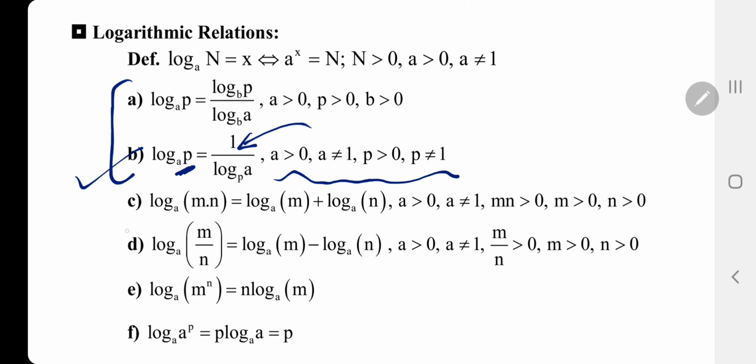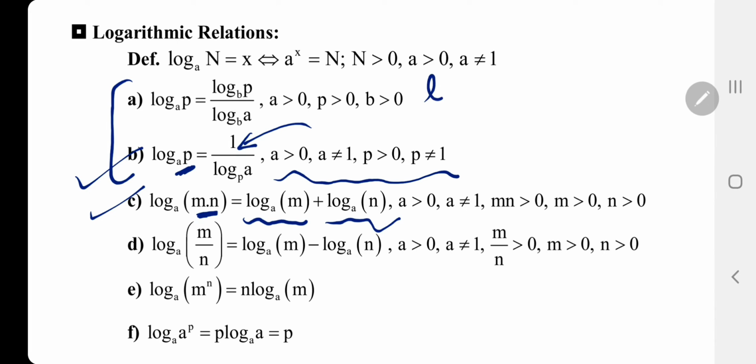Now moving to the third formula, it is called the multiplication formula of logarithmic functions. If we have log of m into n, where m and n are being multiplied and then the log function on any base is applied, we can simply write log of m plus log of n.